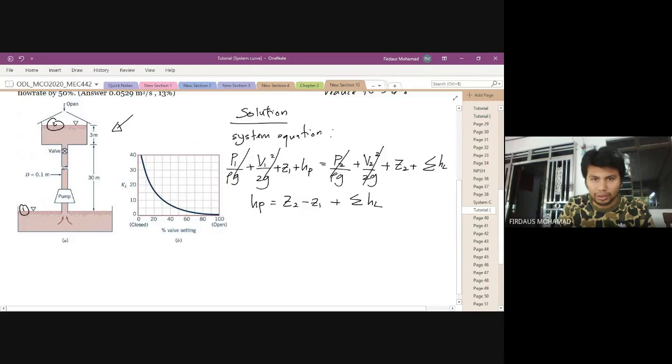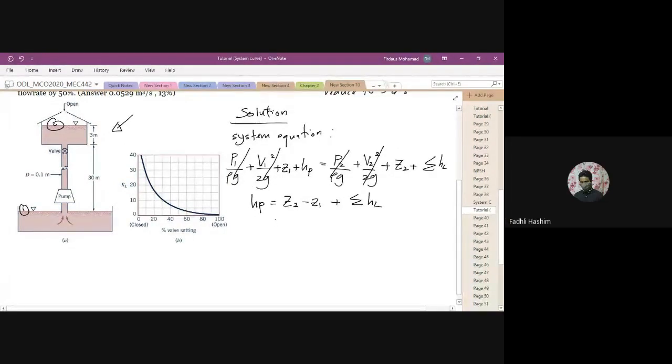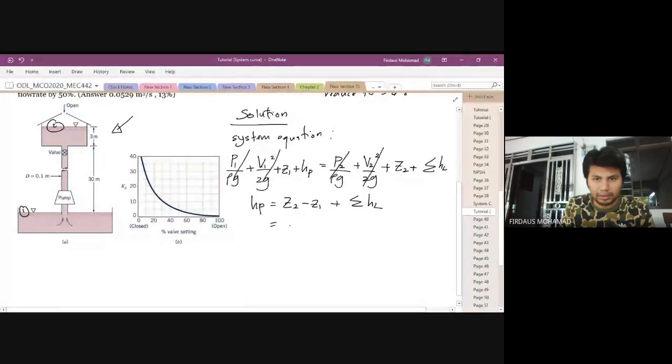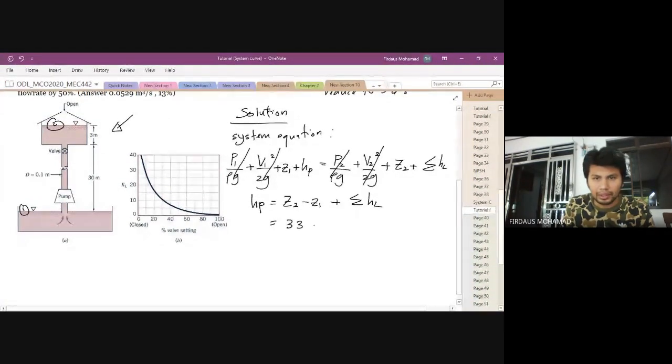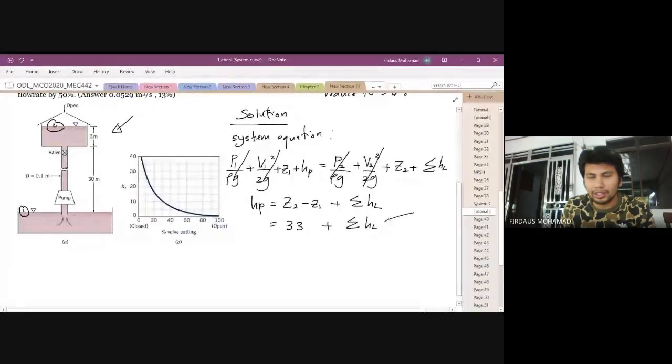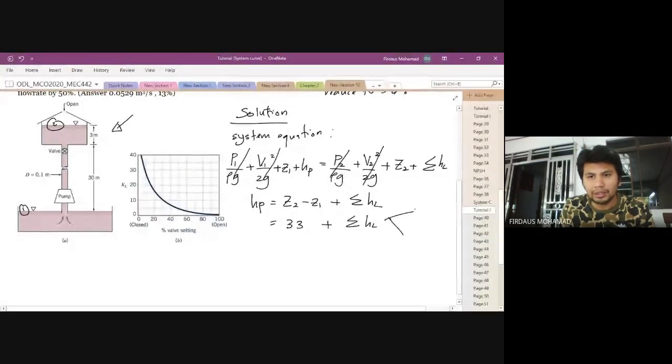Now Z2 is 33. We start here, so this is the datum, so Z1 is 0, plus sigma HL. We have major losses and minor losses.